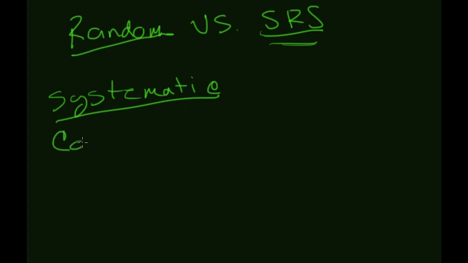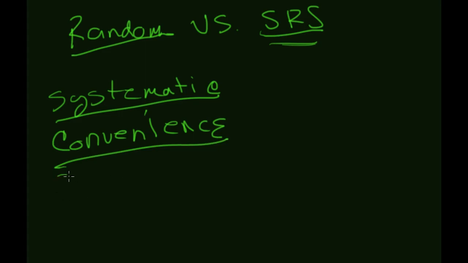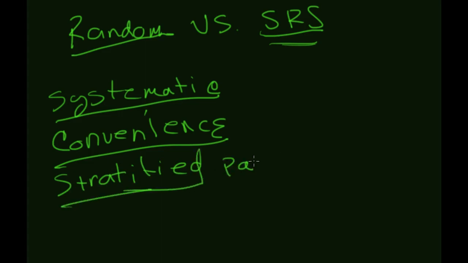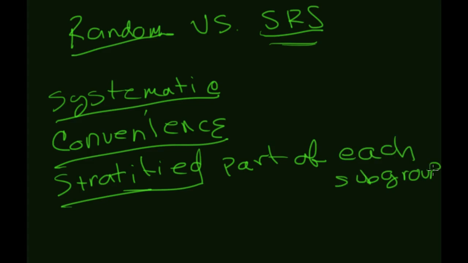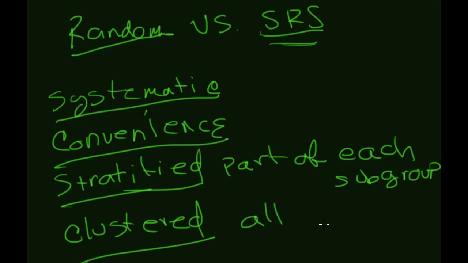We've looked at convenience sampling, which is just like grabbing the easiest people you can to sample. We looked at stratified sampling, which is taking part of each subgroup. And we've looked at clustered sampling, which is taking all of some subgroups.